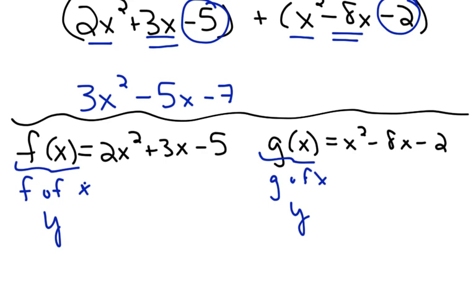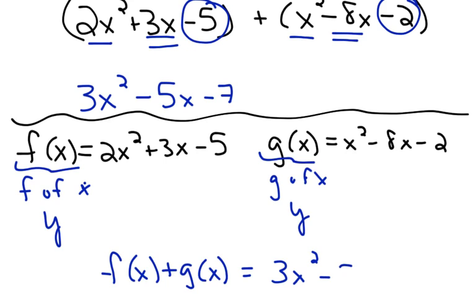They're the name of the function, so we called one of the functions f and the other one g. Well, if I said to you, let's add those functions, I would be asking you to do the same thing we did in the previous problem where we were just adding the polynomials. Because adding, subtracting, multiplying, and dividing functions is the exact same thing as adding, subtracting, multiplying, and dividing polynomials. But the notation is different.